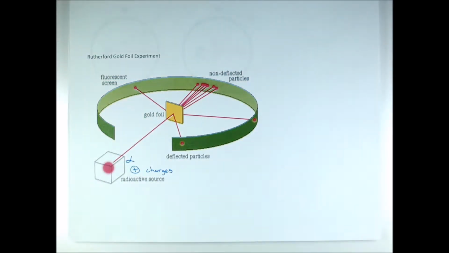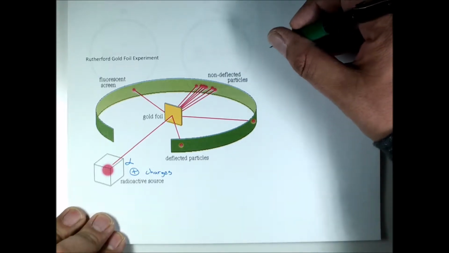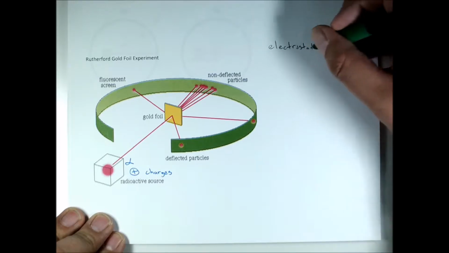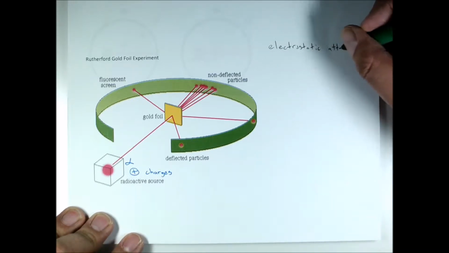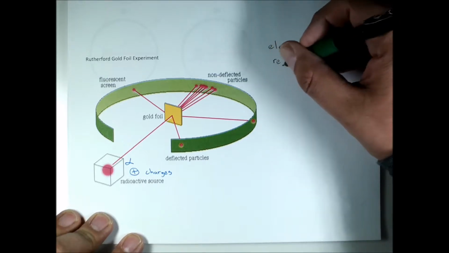And one thing that scientists knew well ahead of time, prior to this experiment, is how different charges interact with each other. So we call these electrostatic attraction or repulsion.